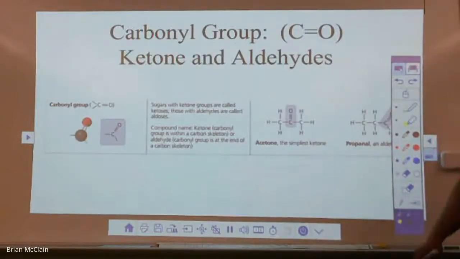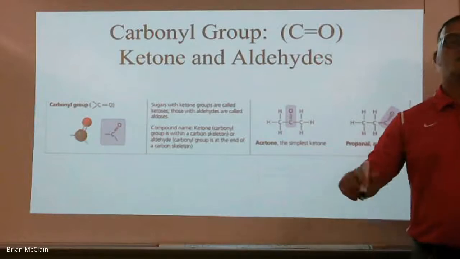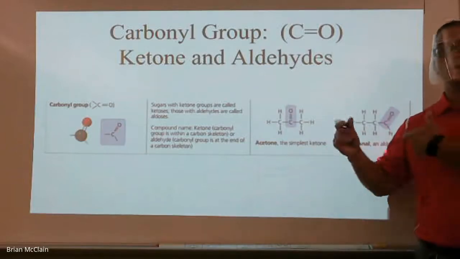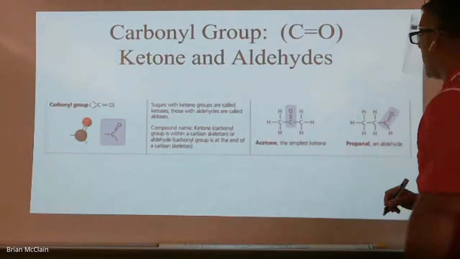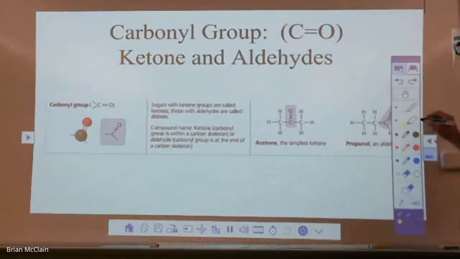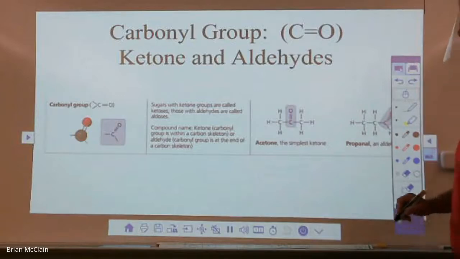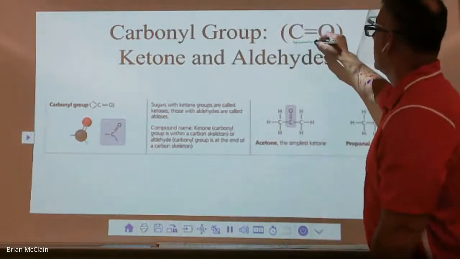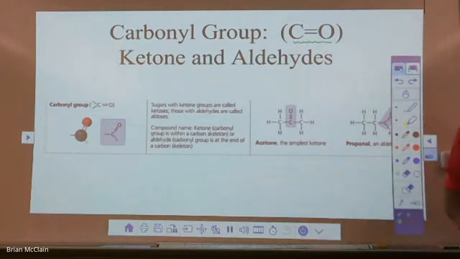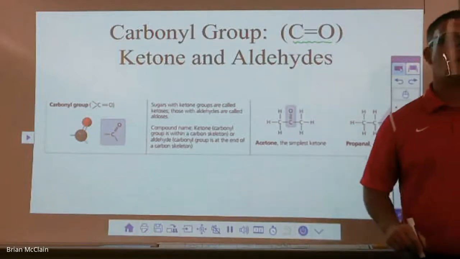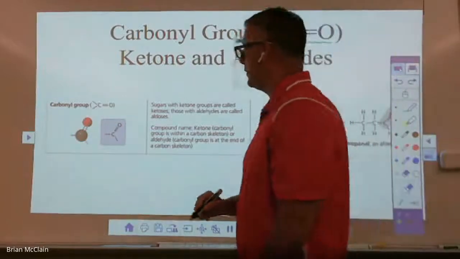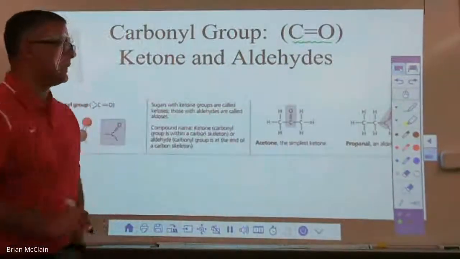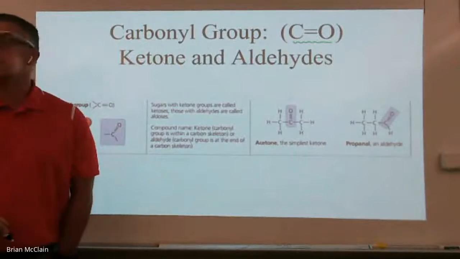Okay, so the second one, and actually, like I said, a lot of these relate to the lab. This one here is definitely going to appear in the lab discussion today. Okay, we have what's called the carbonyl, and this is a branching where you have a carbon with a double bond to the oxygen, as it shows right there. And there's two general categories of carbonyls that we're going to see.